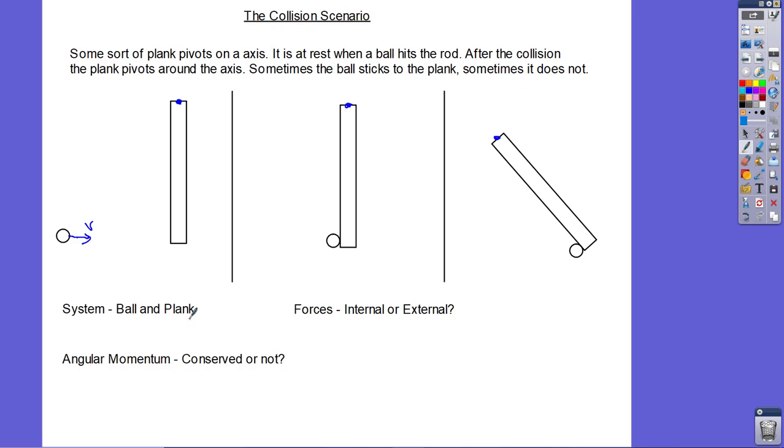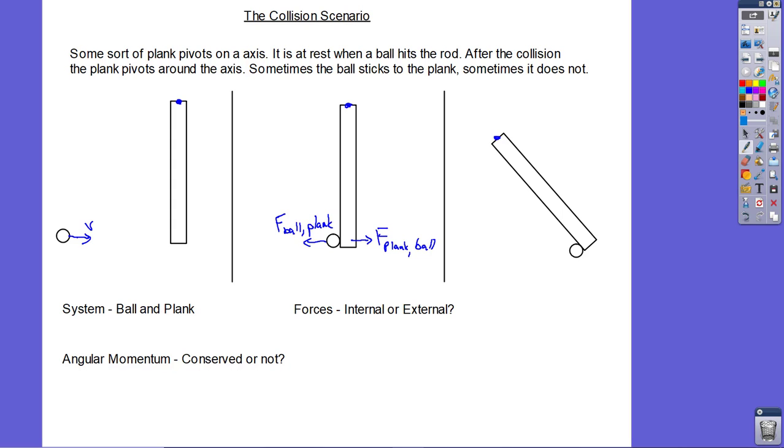And then the forces, internal or external. So right now there's a force on the plank by the ball, and there's a force on the ball by the plank. Now the question is, are those internal or external forces?